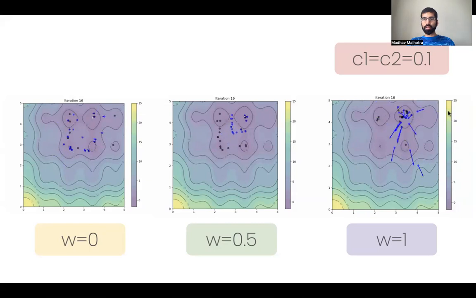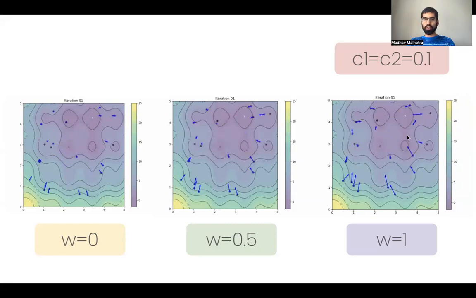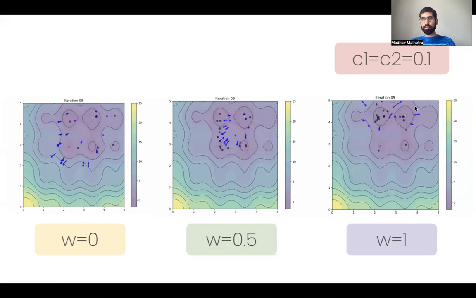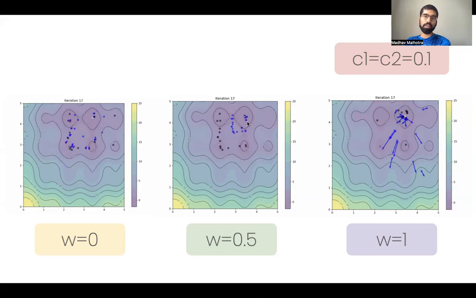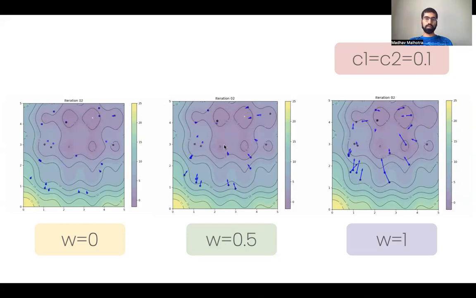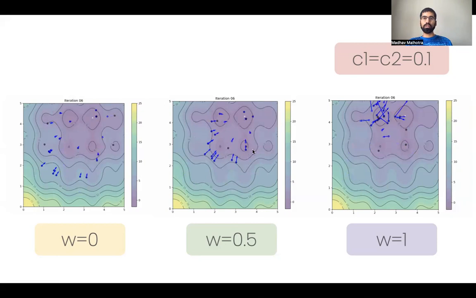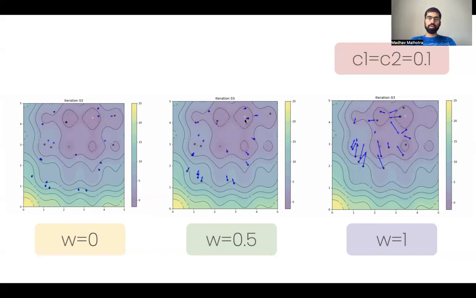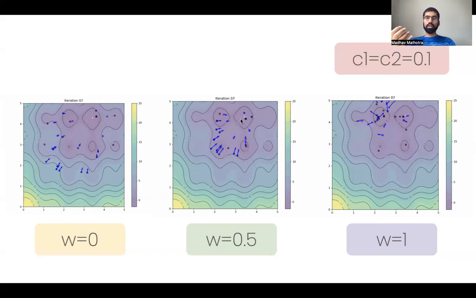The fish will end up going in one direction, they'll overshoot, and then they'll have to come back because their inertia is so high, it makes it hard for the fish to change direction. In the middle, with the weight set between 0 and 1, you see a balance of the fish not moving too slowly, but also not overshooting as they try to become closer towards the minimum point, the deepest point in the ocean.